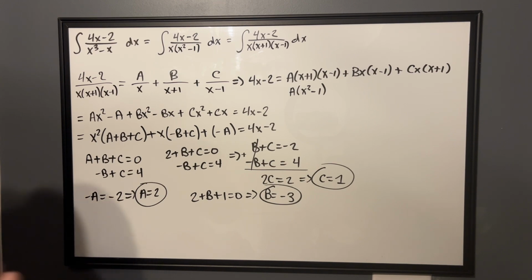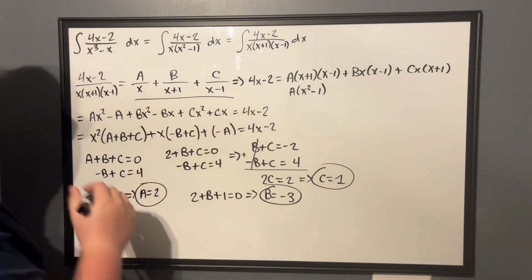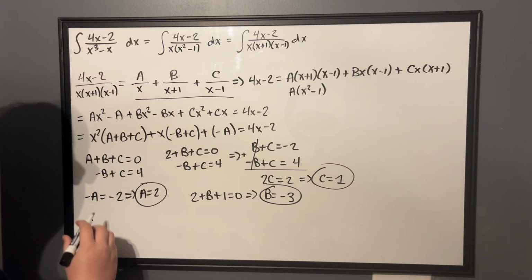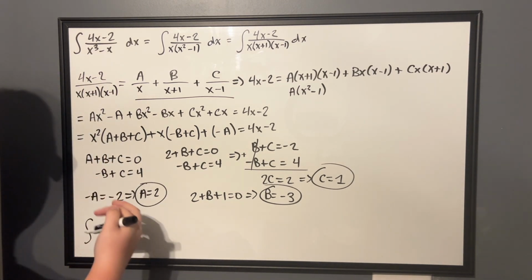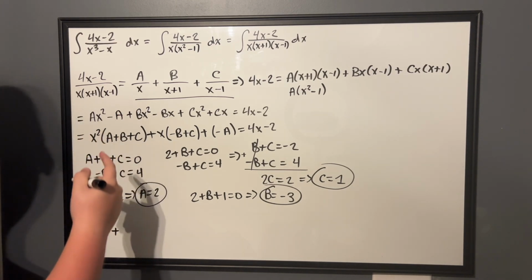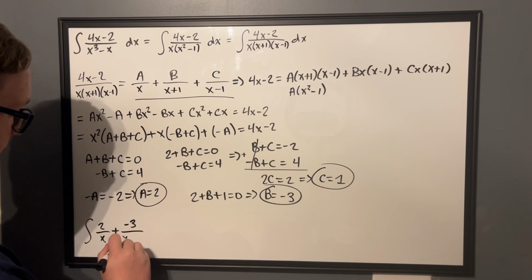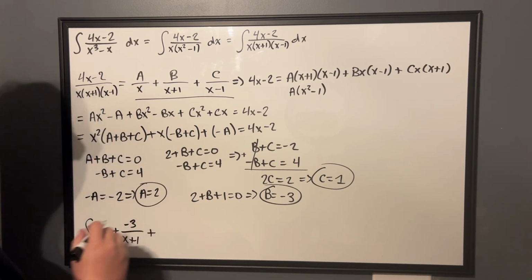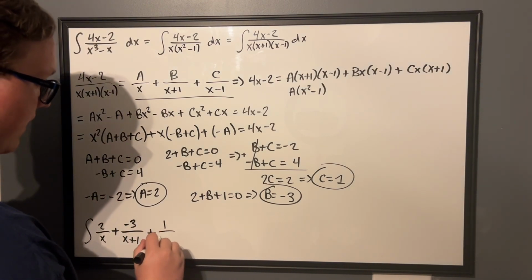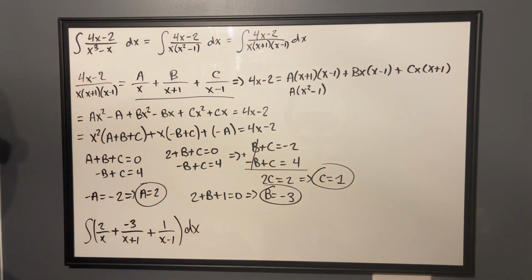So what we're going to do is rewrite this integral in terms of what we have right here. This part is equal to the integral of a over x, and a was 2, so we have 2 over x, plus b over x plus 1, and b was negative 3, so negative 3 over x plus 1, and then plus c over x minus 1, and c was 1, so 1 over x minus 1, and all of this should have a dx.